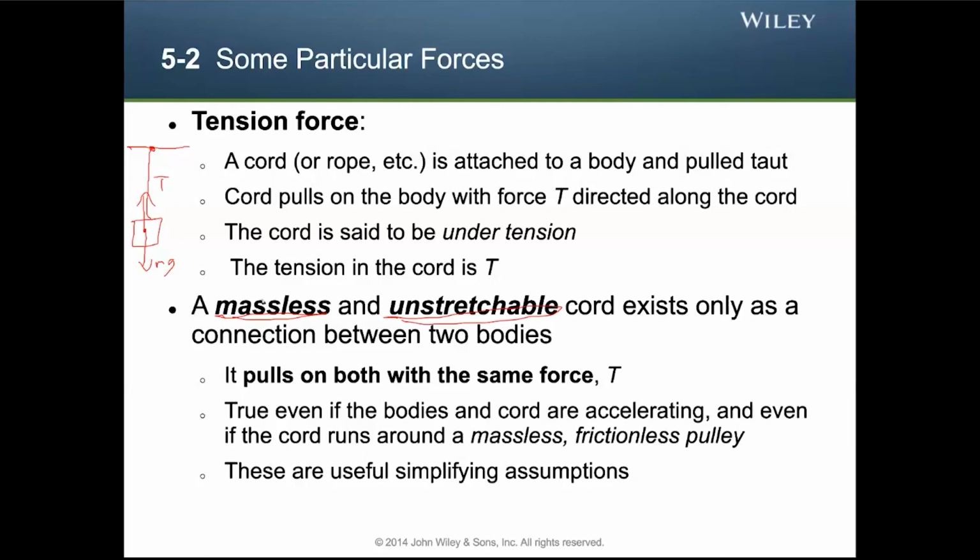Most of the time, when they say massless versus mass, they're talking about the rope, the chain, whatever it's connected by. We usually say it's massless because the problem becomes more complicated when you say it has mass. If I were to cut this here and the rope were to fall, well, it has some mass on it, but then that mass is increasing.